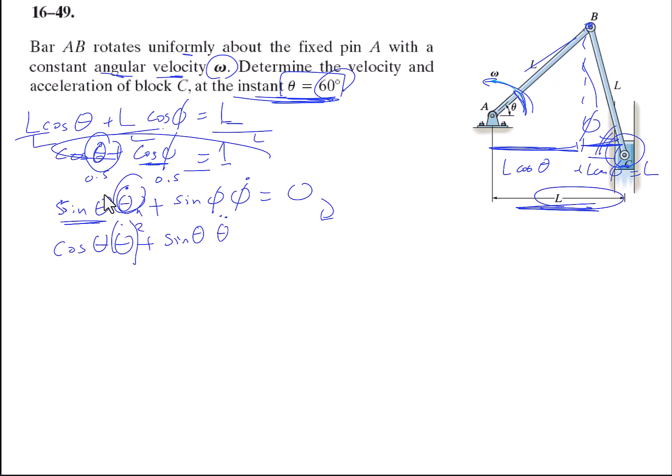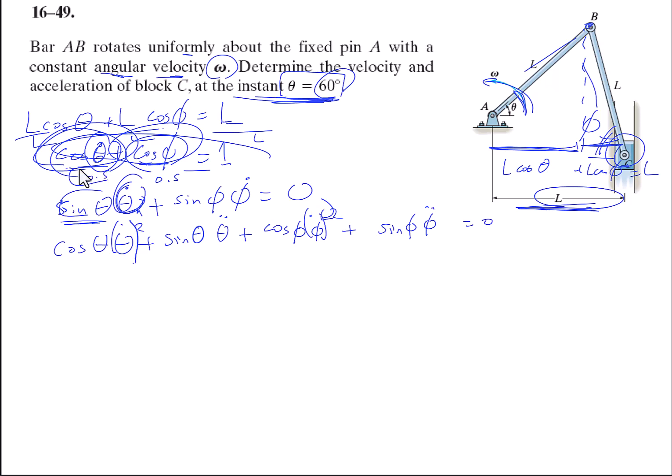Plus the same thing: cosine phi times theta dot squared, plus sine phi times theta double dot. This is equal to 0.